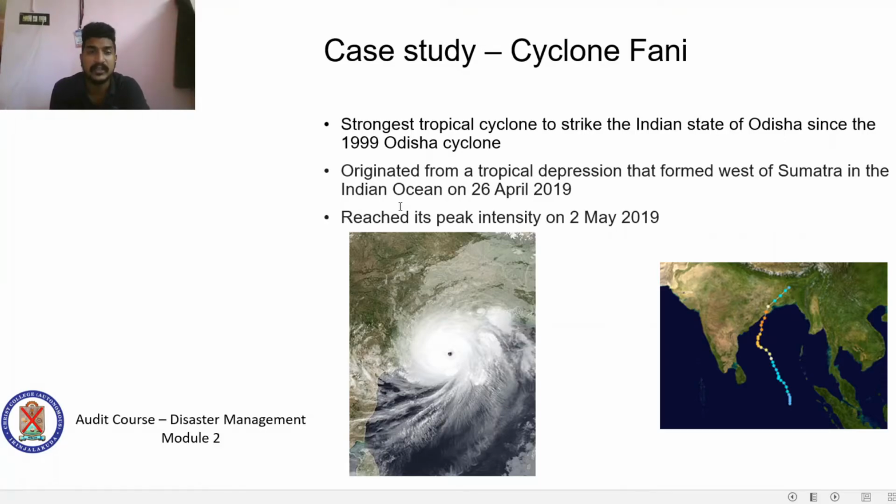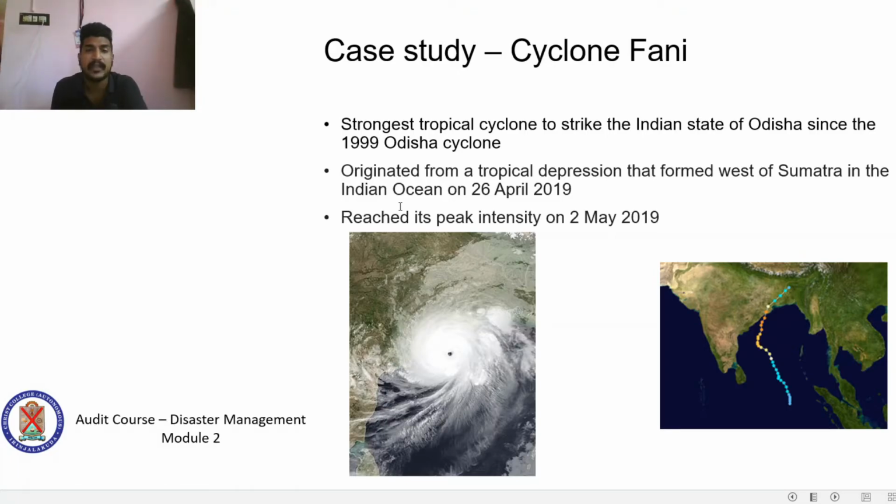Vertical wind shear at first hindered the storm's development, but the conditions became more and more favorable for Fani around the last week of April, towards the 30th of April. Cyclone Fani rapidly intensified into an extremely severe cyclonic storm and reached its peak by May 2nd, with 1 minute sustained winds equivalent to a high-end category 4 major hurricane.